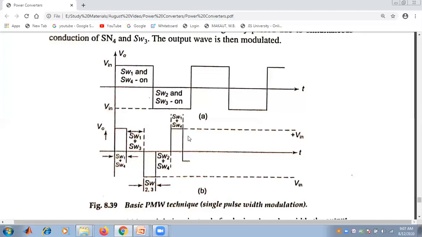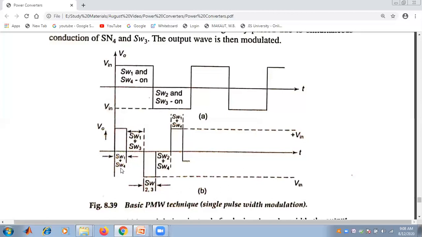So in the second figure, figure B, we have seen how the pulse width of the output voltage changes when the switch is turned on and off before the scheduled time.